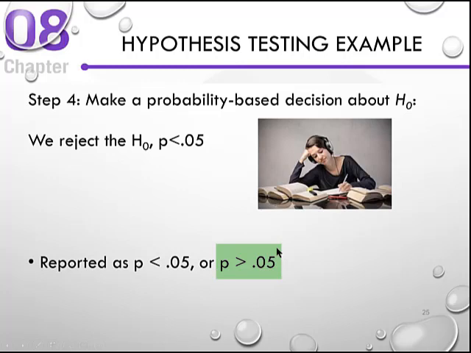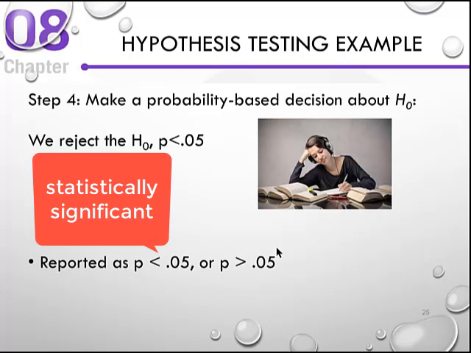So we're reporting the p-value of our statistic. The probability of obtaining a mean in the critical area is either less than 0.05, which means we reject the null hypothesis, or it is larger than 0.05, which means there was not enough evidence to reject the null hypothesis.